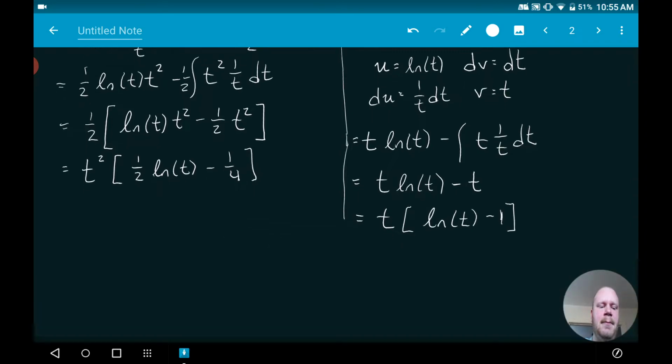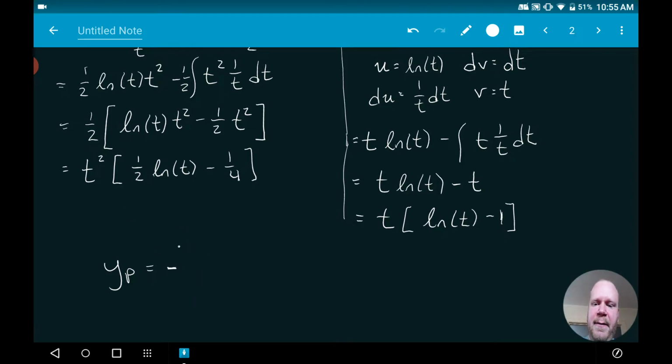Okay. Plugging these back into our particular solution, where y of p is equal to negative y1, then integral of this thing here. So we just did this integral over here. That's going to be, I suppose I can skip this step.